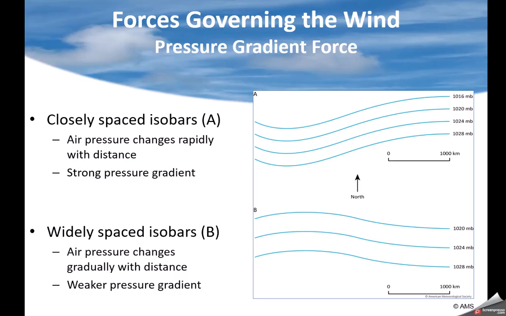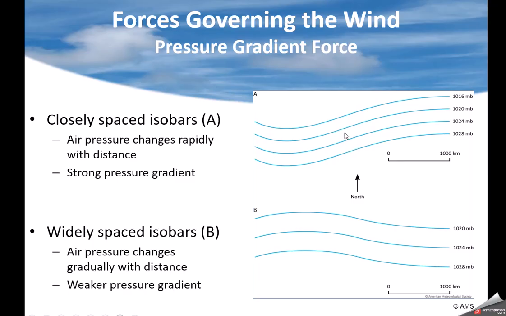So notice the isobars up here at the top. We go from 1016 to 1028 over a relatively short distance. Down here we go from 1020 to 1028 over a wider distance. The wind is going to blow from the 1028 direction to the 1016 direction.